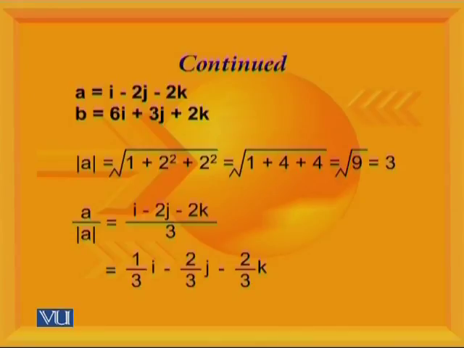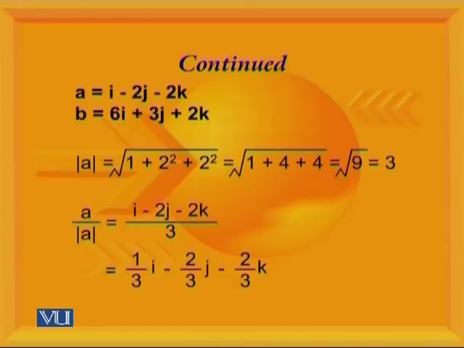The unit vector along the direction of A will be obtained by dividing the vector A by its magnitude. The magnitude of vector A will be equal to square root of 1 square plus 2 square plus 2 square, which is equal to 3.